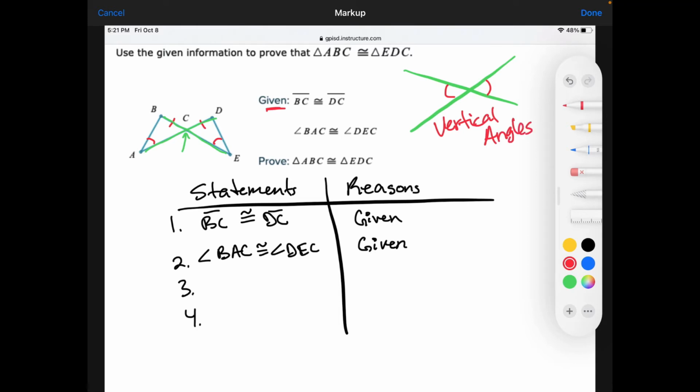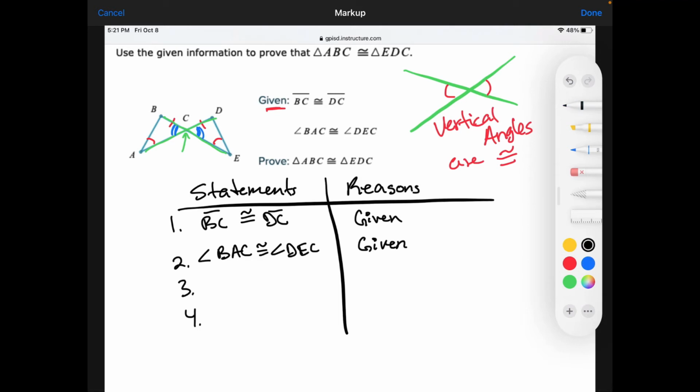And what do we know about vertical angles? We learned in the past that they are equal to each other. They are congruent. So we can therefore say that these two angles must be the same measure.